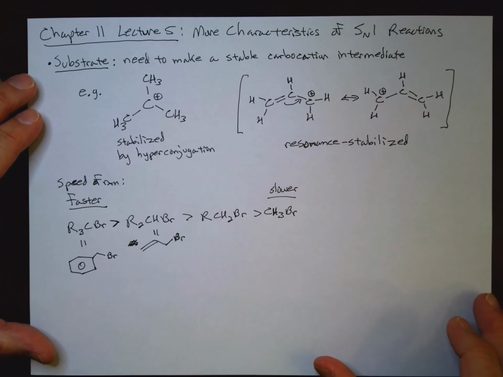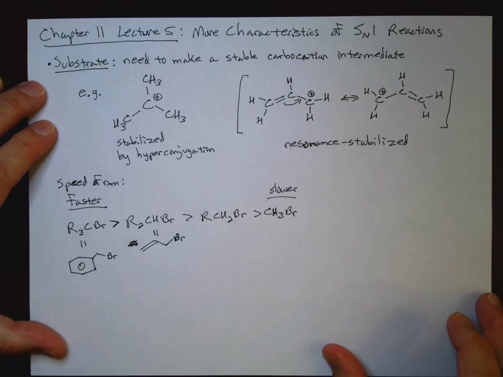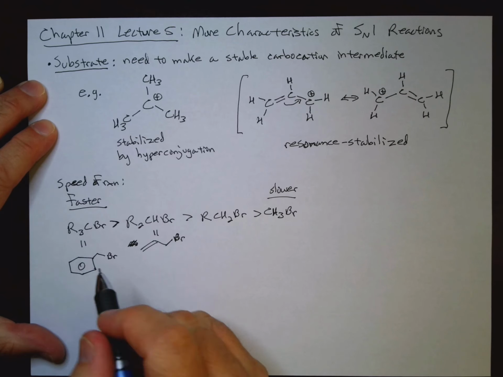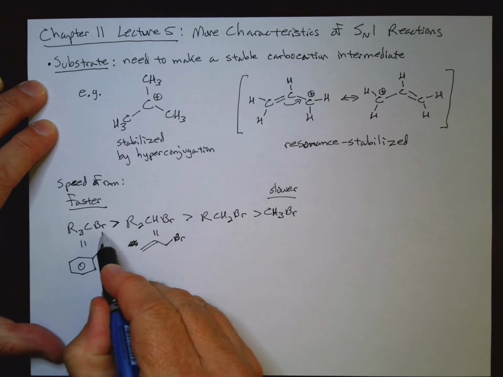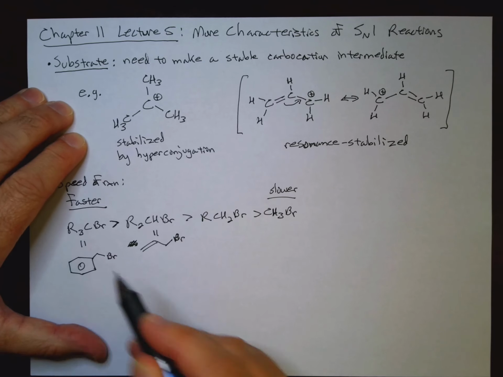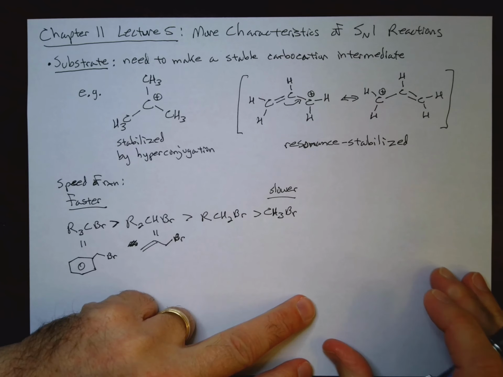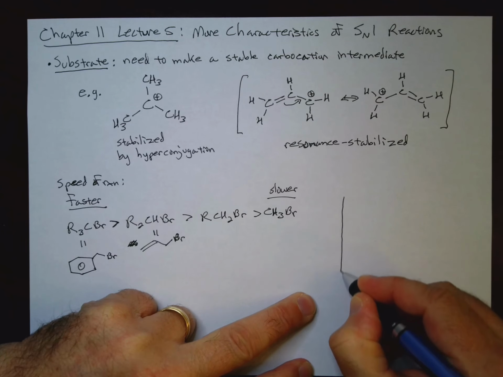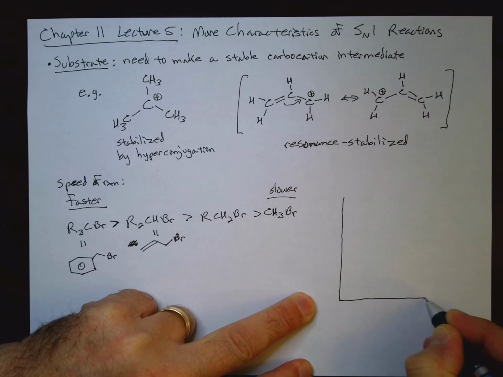So our SN1 reactions go faster with the more substituted substrates because they produce the more stable carbocation.